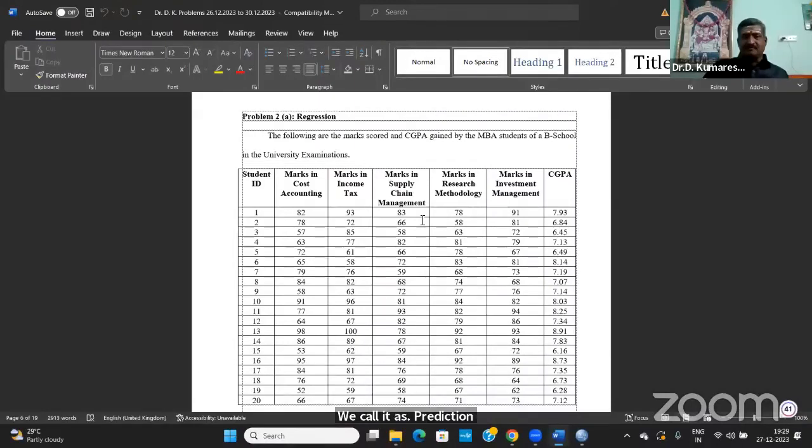It is in the case of simple regression. Then multiple regression. What is multiple regression? I told you, no, there are two or more independent variables and one dependent variable.